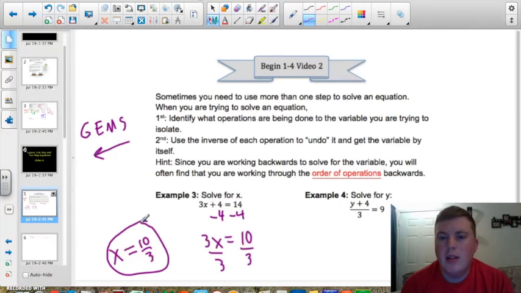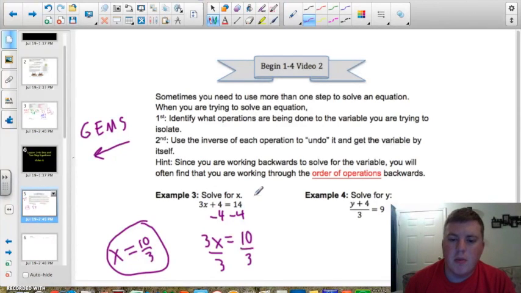Now, one thing I want to point out with this is sometimes you get answers that are not whole numbers, and that's okay. We do not always get pretty numbers in math. Sometimes we end up with fractions or decimals, and that is completely okay. A lot of times students will freak out if they get a fraction as an answer, but remember, if you plug this back in and it all works out, then your answer is going to be correct even if it looks a little bit funky.